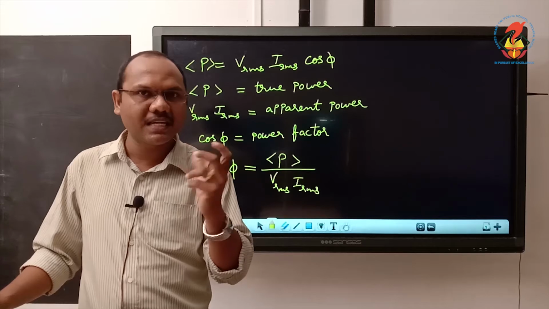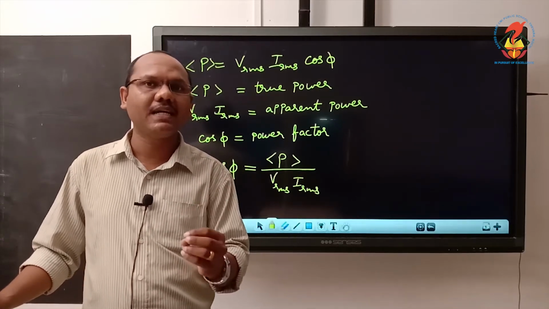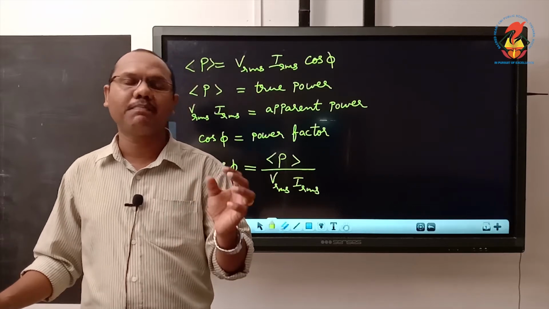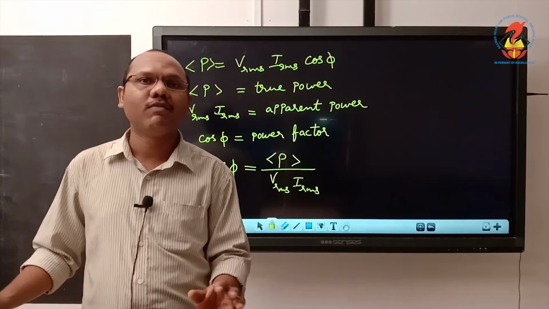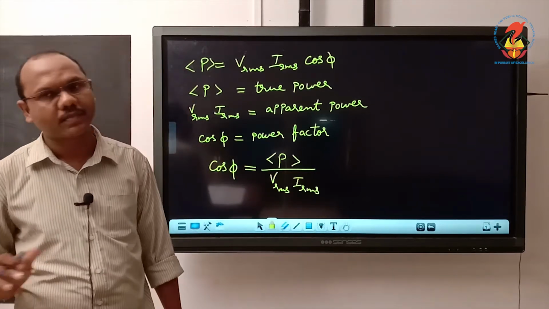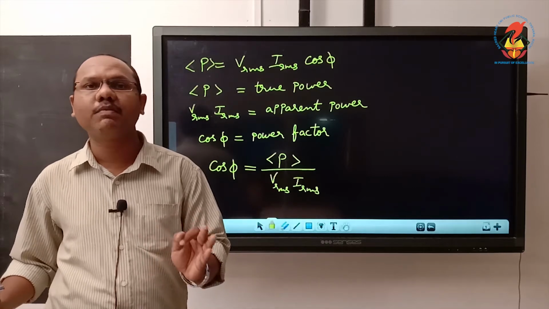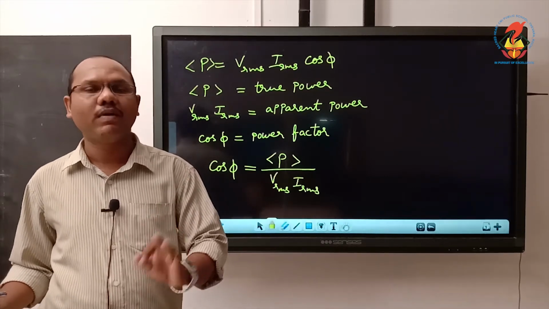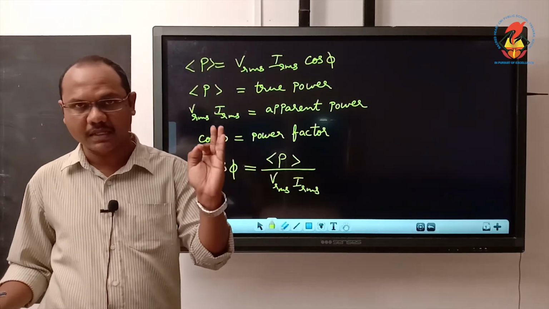So power consumed by the circuit is 0 for a purely inductive or for a purely capacitive circuit. This is called wattless current. Okay, so wattless current means the power consumed by the circuit is 0 when it flows through a purely inductive or a purely capacitive circuit.